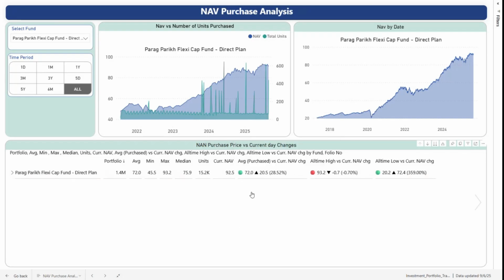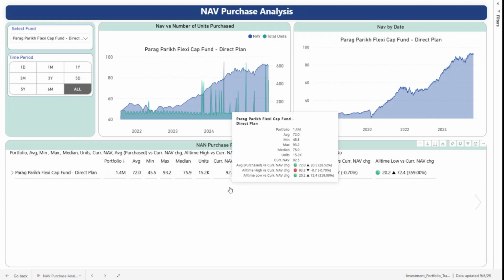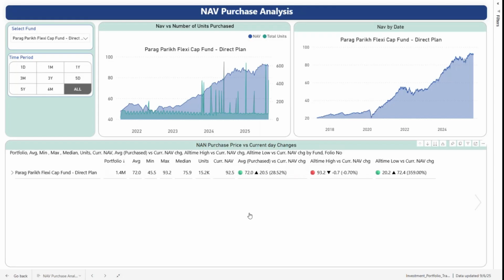If you look at the average purchased NAV versus the current day NAV, this tells you how much cheaper or better your purchases were. The average NAV you purchased at is 72 rupees, but the current NAV is 92 rupees, a difference of 20 rupees.